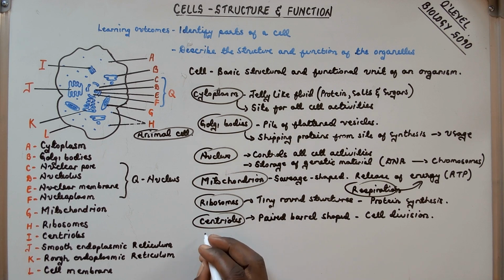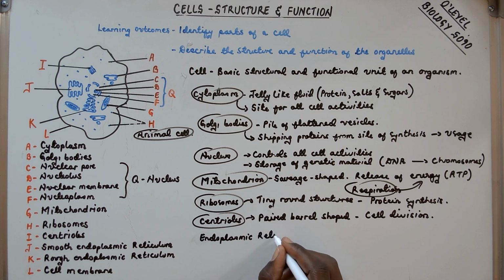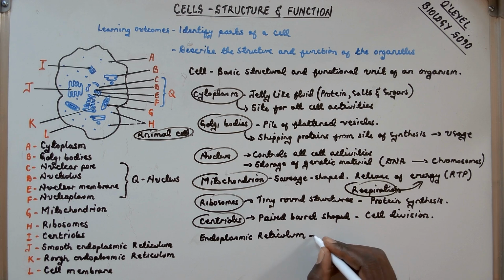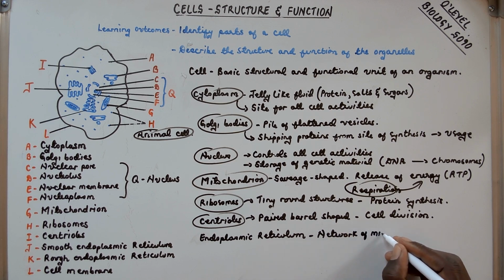Then we have the smooth and rough endoplasmic reticulum, which we discuss separately. The endoplasmic reticulum is a network of microscopic membranes.